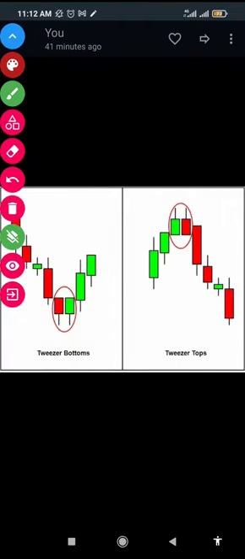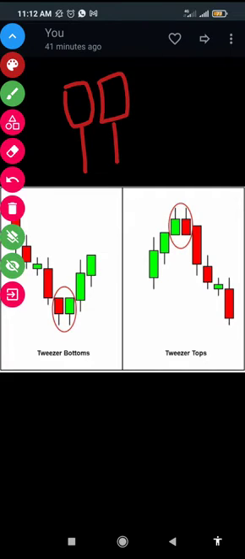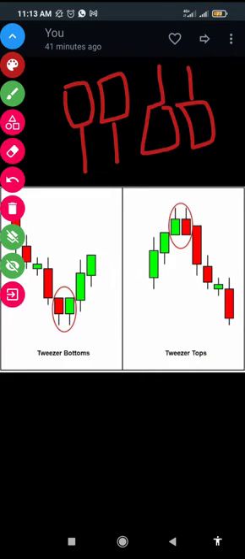Okay, so another confluence is tweezer bottom and tweezer top. It's usually like this: tweezer bottom, it will have a wick, then another one again with another wick here. These two are tweezer bottom, then tweezer top used to be like this. Why is this a confluence? You can see that there is a price rejection twice here.